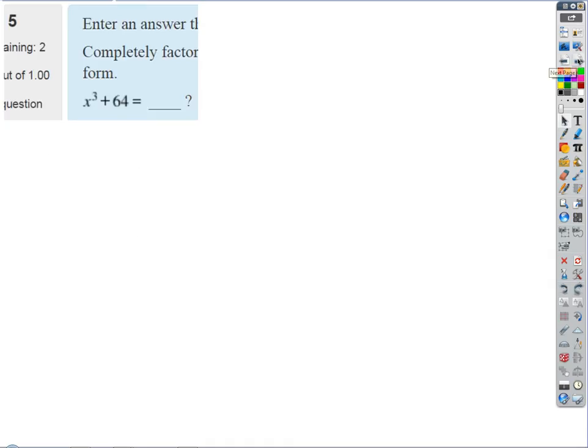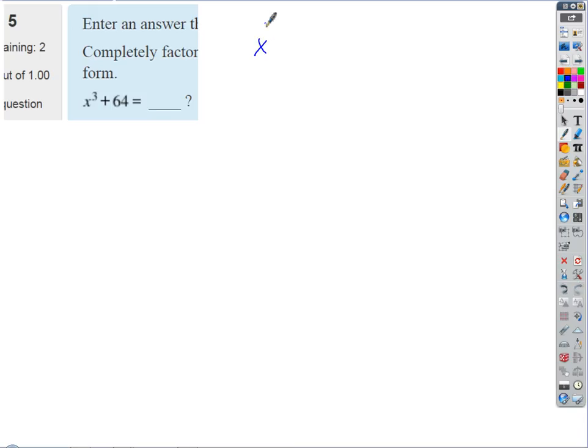Let's try a couple of these. How about something like that? What's the pattern there? What's the only pattern it could be? A cubed plus B cubed. Yeah, the only one it could be is the sum of cubes, right? So we just have to see, is that a convenient sum of cubes? Is 64 a perfect cube? Yes, it is.